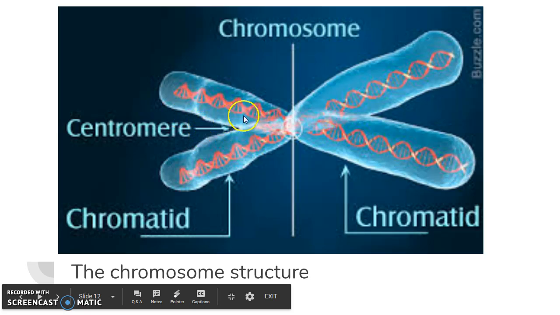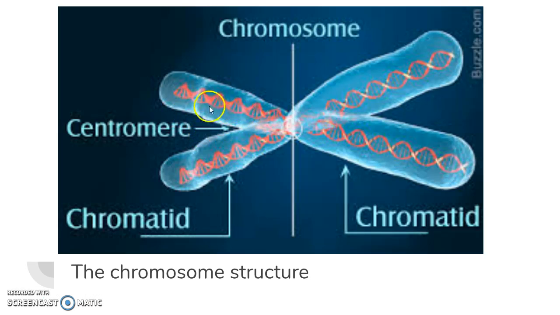What that chromosome has, how it's made up, is that there's one strand of chromosome, and there's a copy of it. And we call that a chromatid. So the two copies, they are chromatids. And they're held together in the center at a place called the centromere. The centromere holds the two chromatids together.